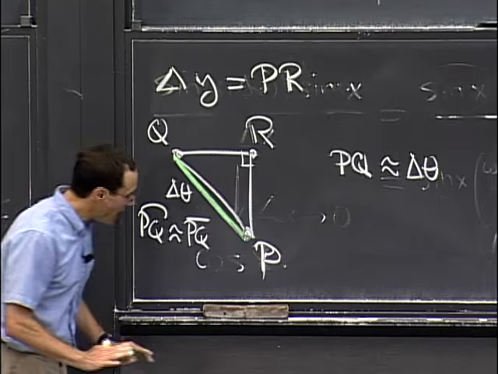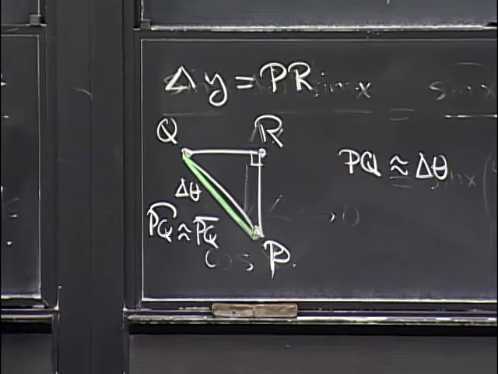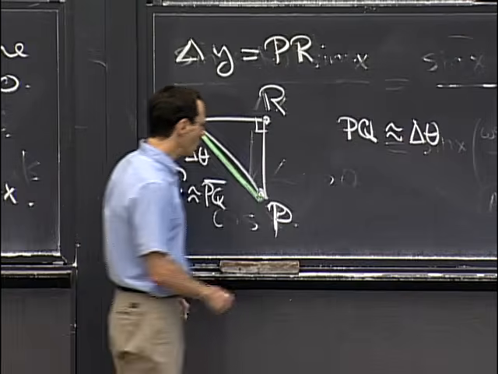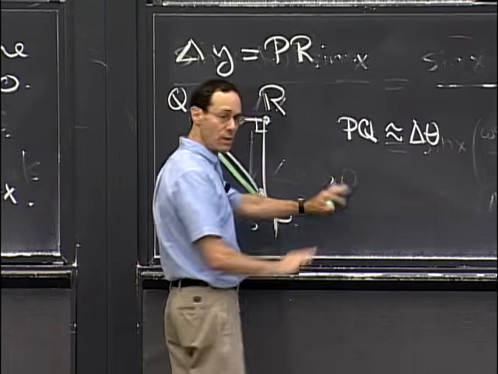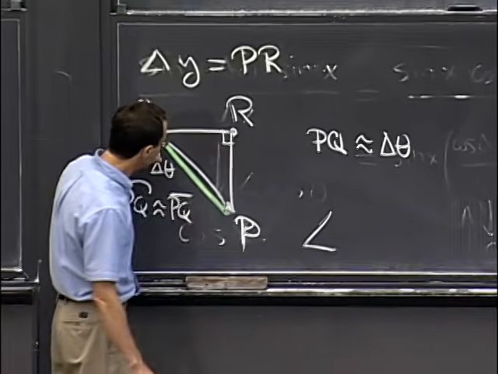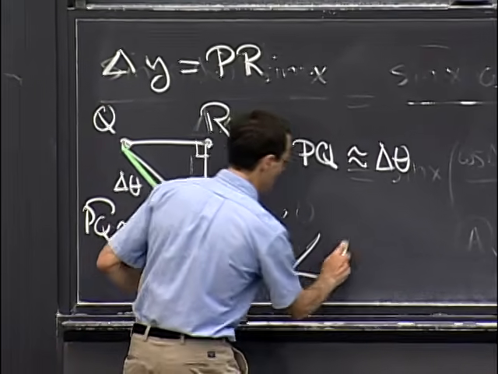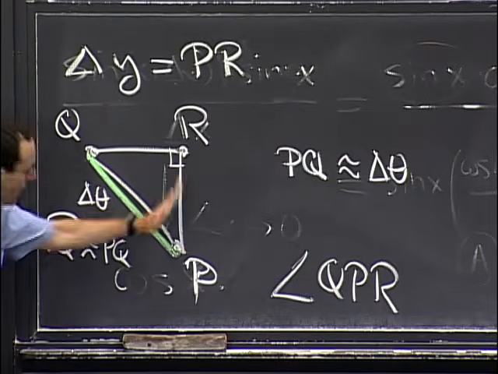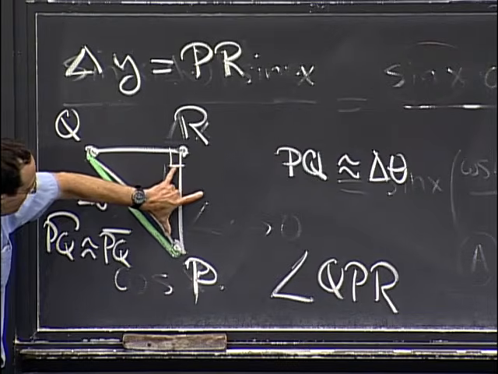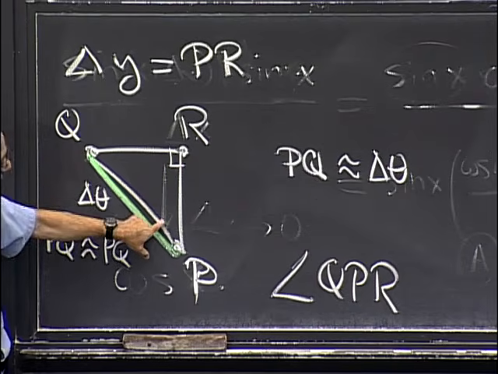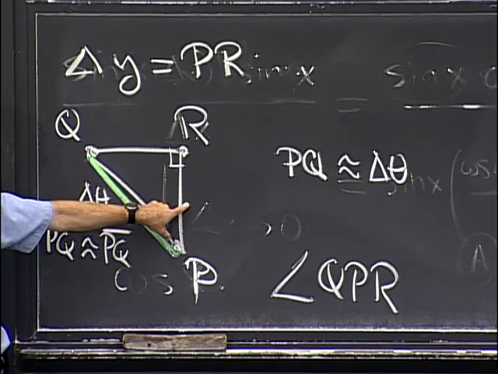Now, the second step, which is a little trickier, is that we have to work out what this angle is. I'm going to put the geometric reasoning in between: I need to figure out what the angle QPR is. If I can figure out what this angle is, then I'll be able to figure out what this vertical distance is, because I'll know the hypotenuse and I'll know the angle, so I'll be able to figure out what the side of the triangle is.